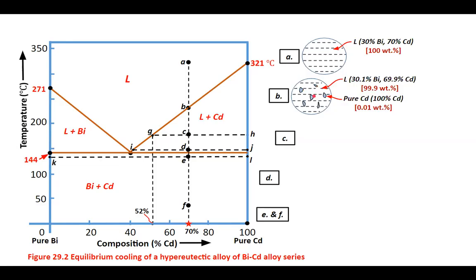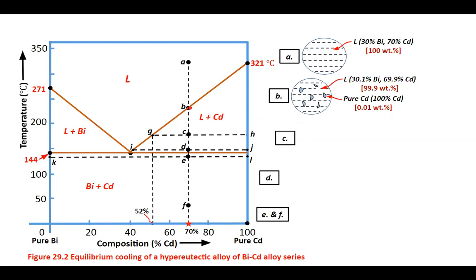Since cadmium has a slightly bluish tinge in the pure state, just for your easy understanding, I have made this solid phase blue. Since this is pure cadmium, its chemical composition is 100% cadmium, and it has just appeared in the system, so its weight is 0.01 weight percent.